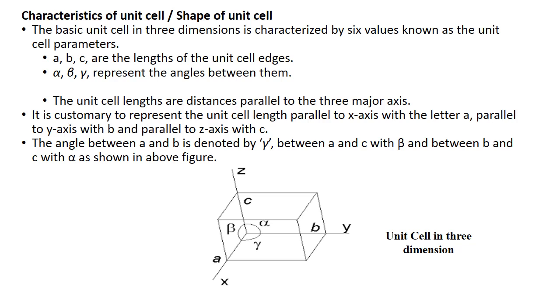It is customary to represent the unit cell length parallel to the x-axis with the letter A, parallel to the y-axis with B, and parallel to the z-axis with C. The angle between A and B is denoted by gamma, between A and C with beta, and between B and C with alpha, as shown in the figure.